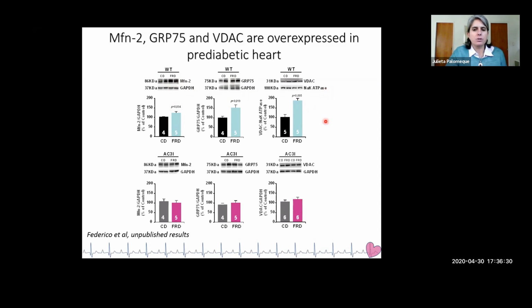And this expression is not evident in AC3I mice. These are very preliminary studies, and it's ongoing research right now. But these results are promising to us and suggest that CaMKII is really involved in this proximity, and maybe this proximity is due to these enhanced proteins.